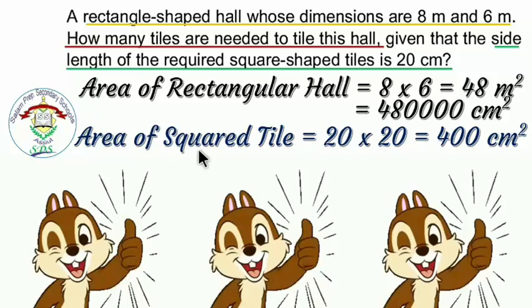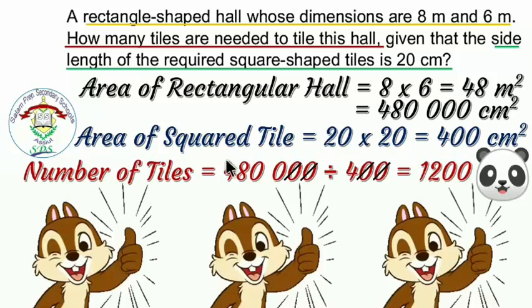Area of the squared tile: side length is 20 centimeters. We know the area of a square equals side length times side length. Area of the squared tile equals 20 times 20 equals, put the zeros out, 2 zeros out, 2 times 2 equals 4, so 400 square centimeters.